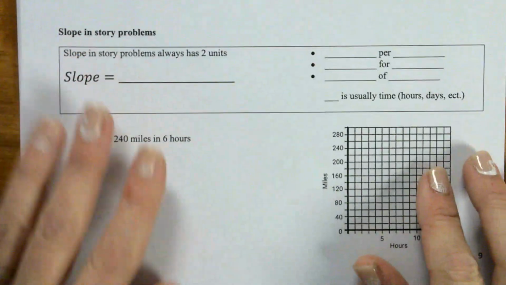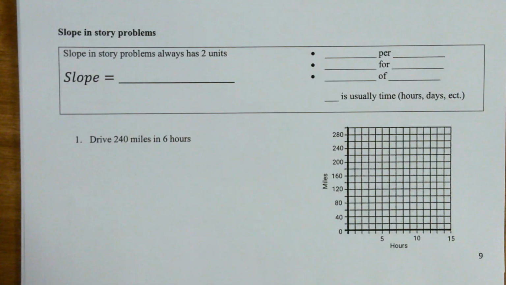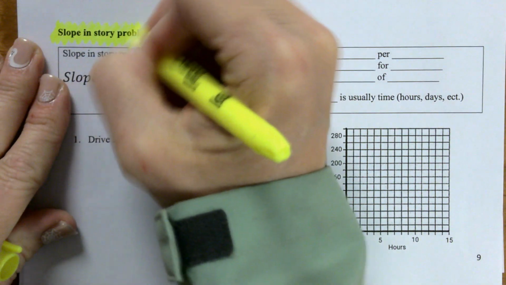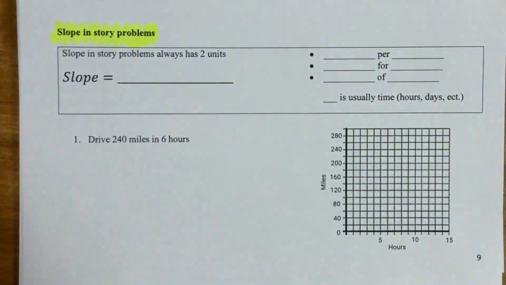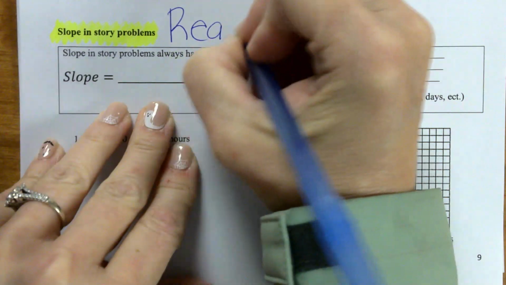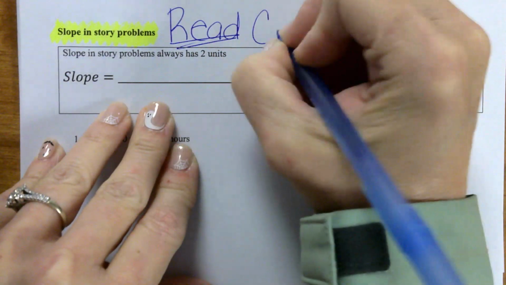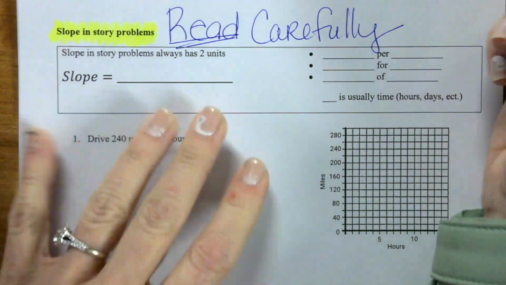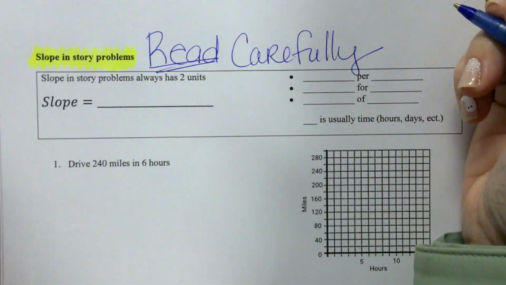Let's skip over to page 9 and we're going to go to the bottom. Story problems. This is your favorite because you actually have to read sometimes 2 or 3 times. So let's make ourselves a note to read carefully. And I definitely mean read carefully.